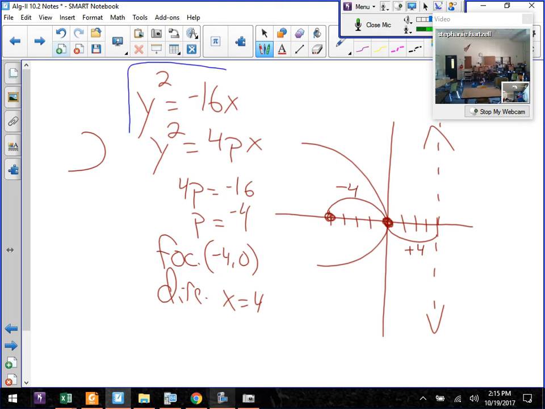Well, this equation is mirroring this. Since I know my center is at 0, 0, this 4p value has to equal -16. So I don't have to worry about any other x part yet.